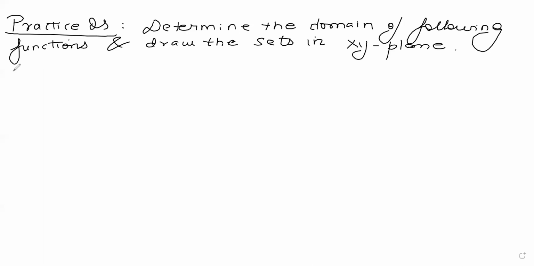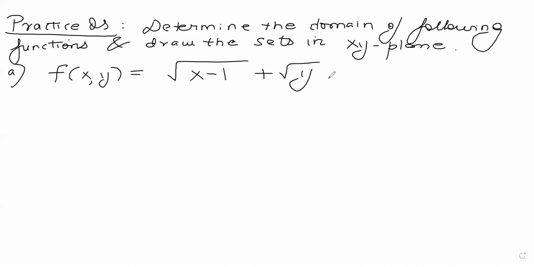So they are as follows. First question, f of xy is square root of x minus 1 plus square root of y. So we need to find the domain of this function and we need to draw that set in which this function is well defined. So I can do one question for you so that you can understand it.